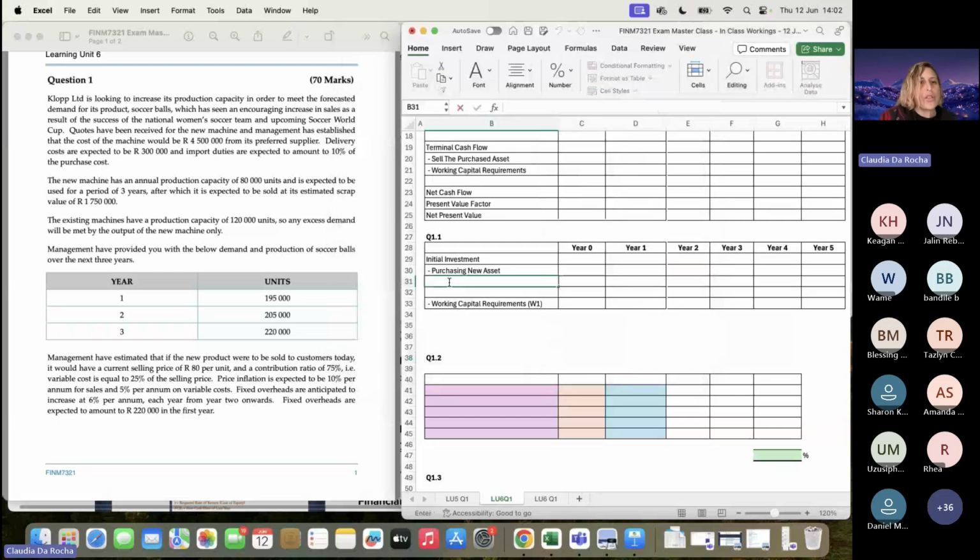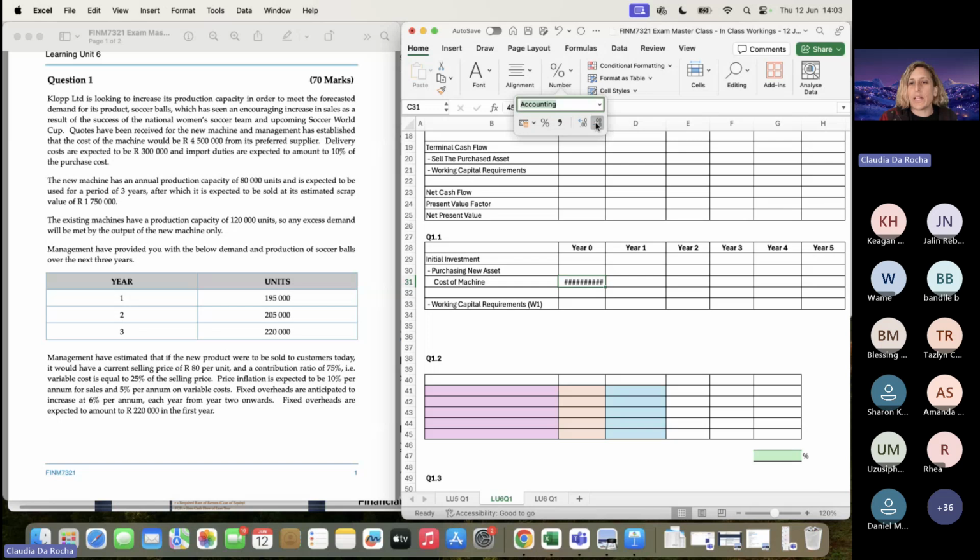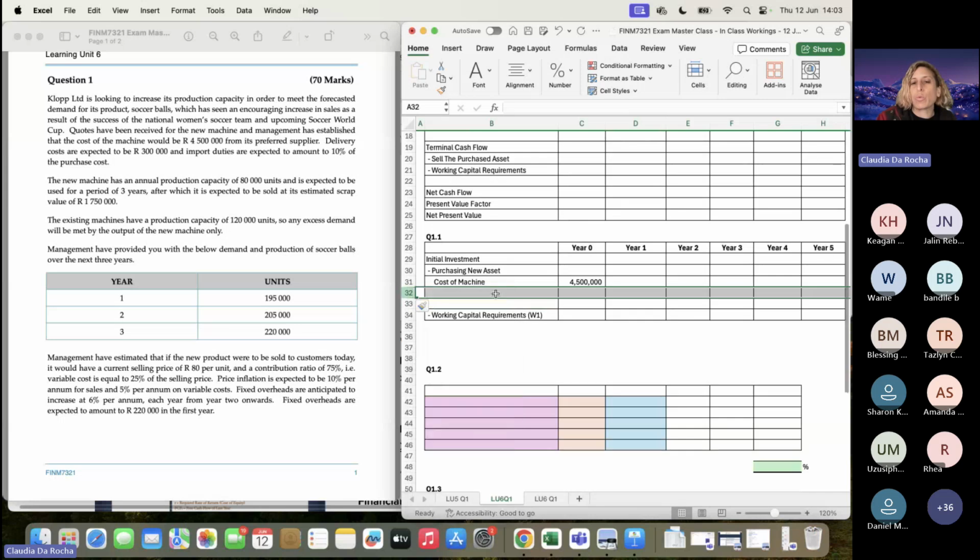So the first thing that we have is the cost of the machine, which they told us is 4.5 million. So we write that in. Obviously, if it was inclusive of VAT, we would take out VAT. Please don't get tricked by that.